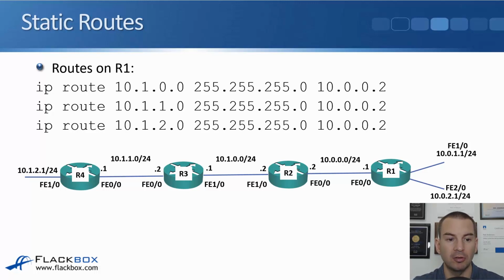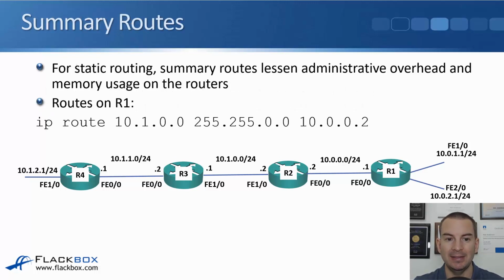So we've got routes to the 10.1.2 network, the 10.1.1 network, and the 10.1.0 network, which are all available behind R2. But it is actually possible to summarize that into one route.